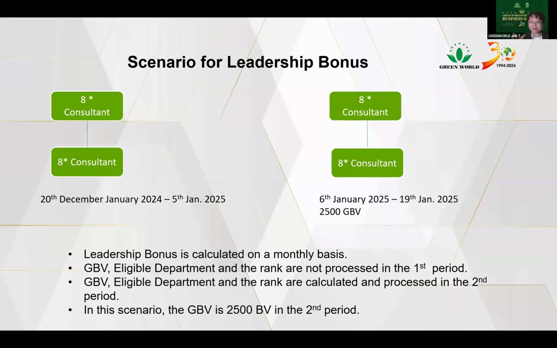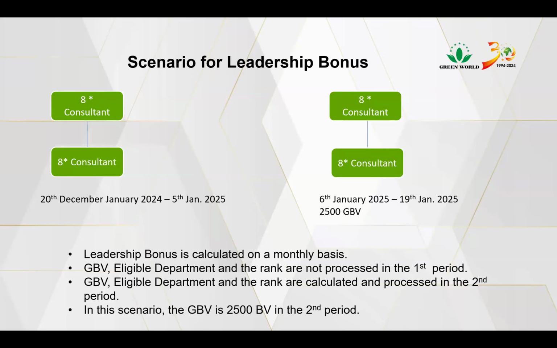If this happens in your team, based on your specialty shops or your personal monitoring system or mechanism, you and your team know this. The computer doesn't know this until the end of the month, until the second period of the month, when we start calculating your group BV. So the leadership bonus is still calculated on a monthly basis.